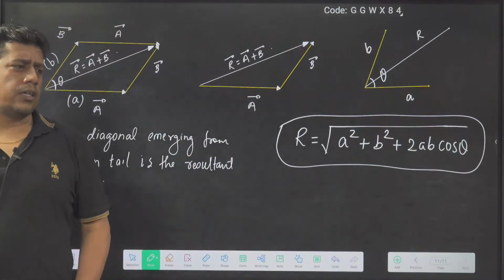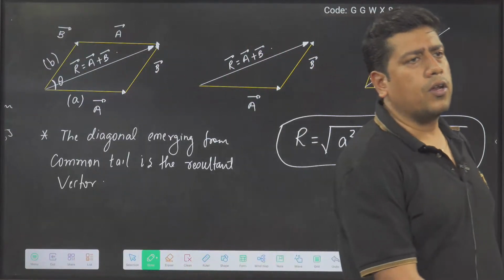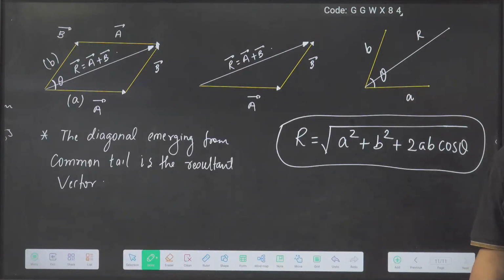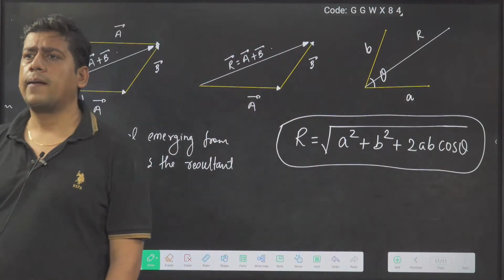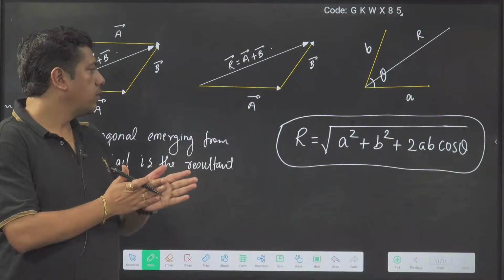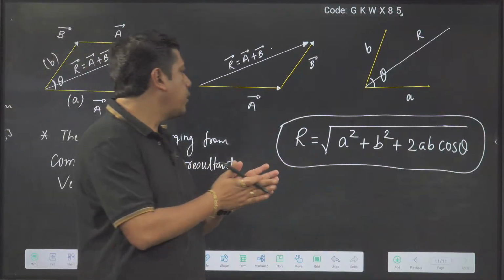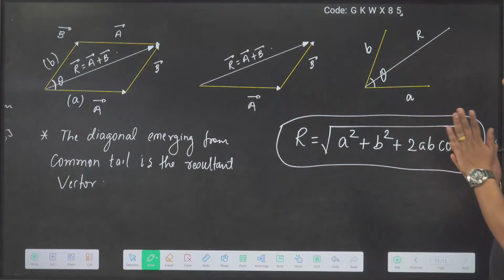If you know the derivation, it's good. If you don't know, it doesn't matter. You are never going to do the derivation, although it has already been told. So the resultant magnitude is under root a square plus b square plus 2ab cos theta.